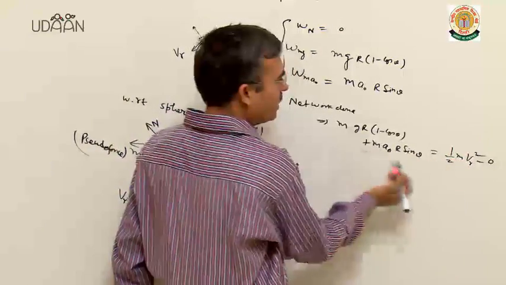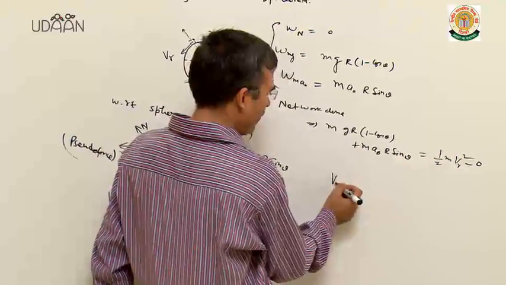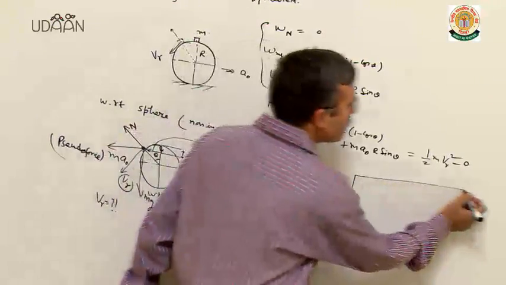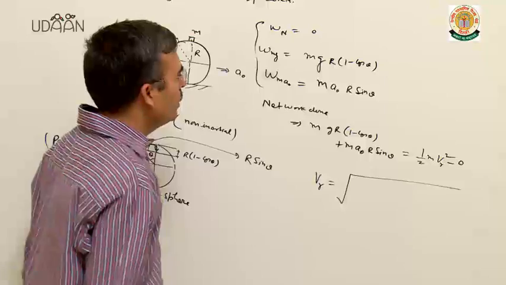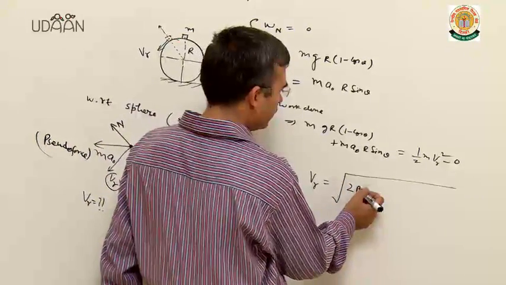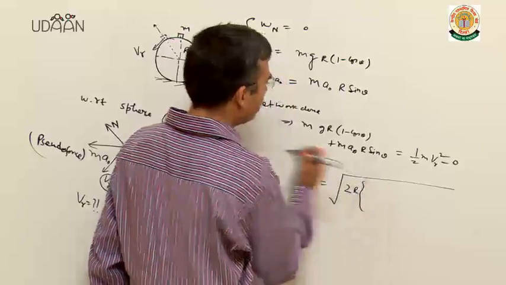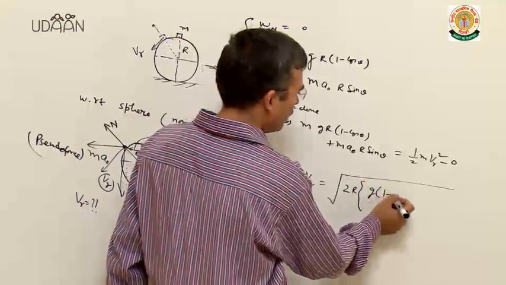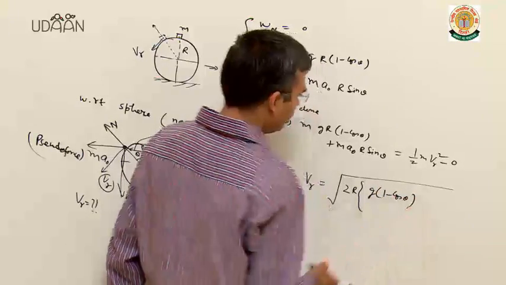So m is cancelled. If you simplify it, so vr equal to root of 2 into r common into g(1 minus cos theta) plus a naught into sin theta.